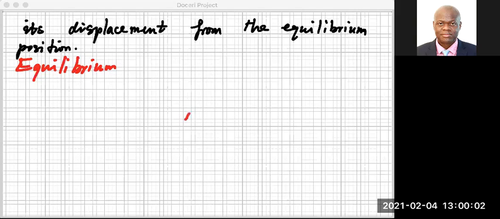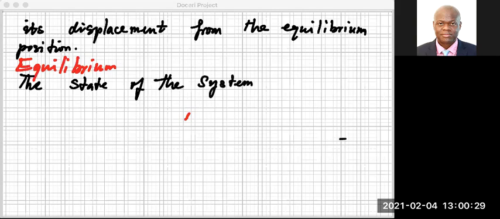This is simply the state of the system when it is not disturbed.